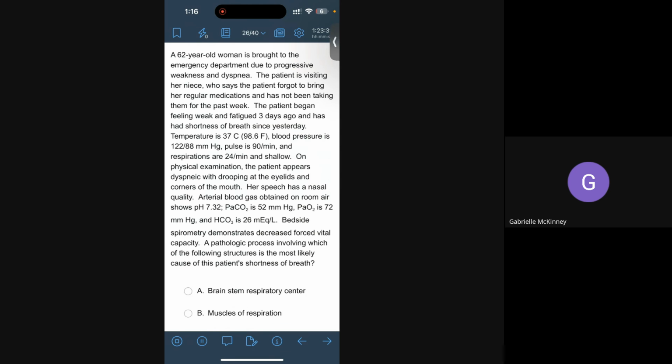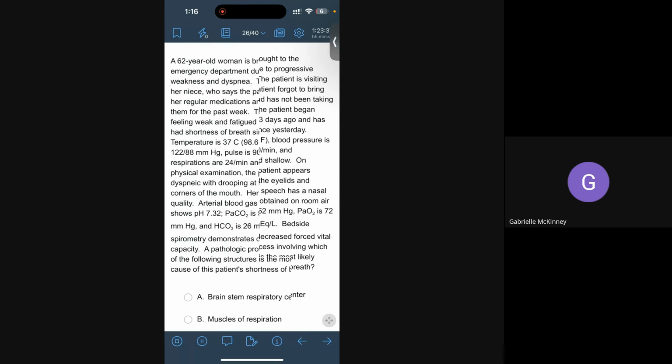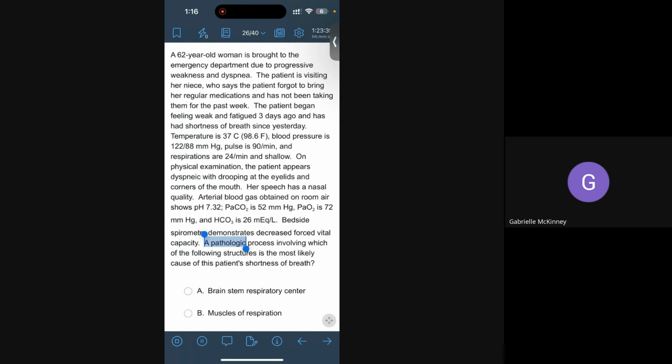Okay, thank you. The pathology most likely to be the cause of this patient's shortness of breath. Try to diagnose this.